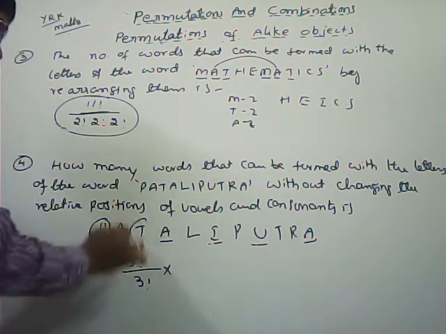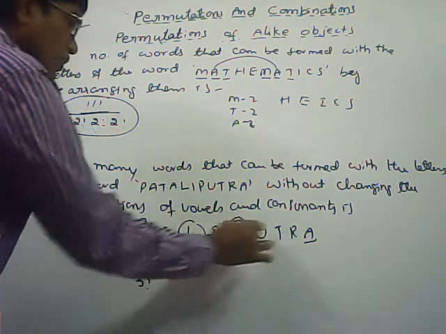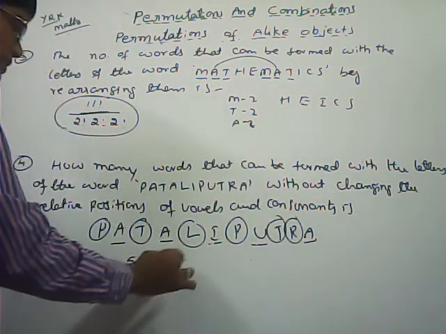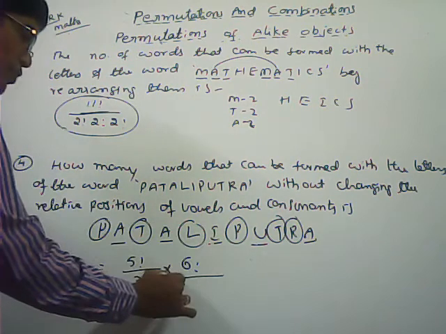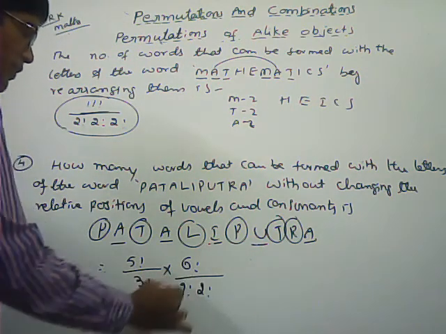Here 1, 2, 3, 4, 5, 6 are there, so 6 factorial by, out of 6, P's 2 are there, 2 factorial, and T's 2 are there, 2 factorial.